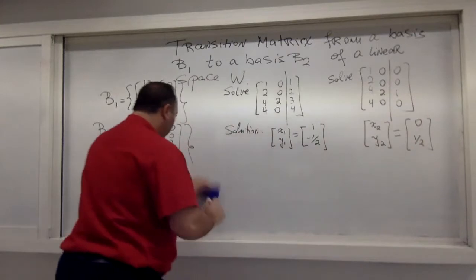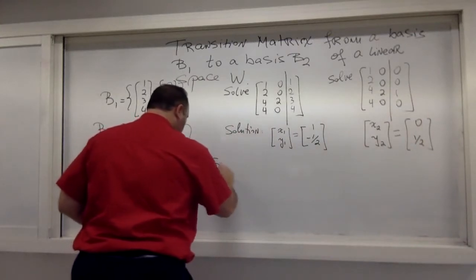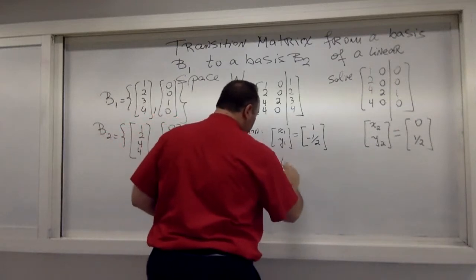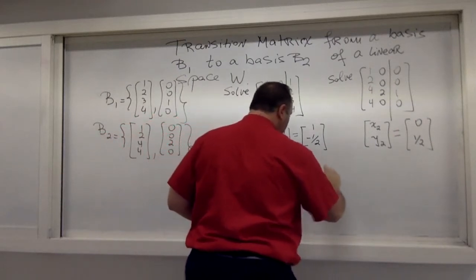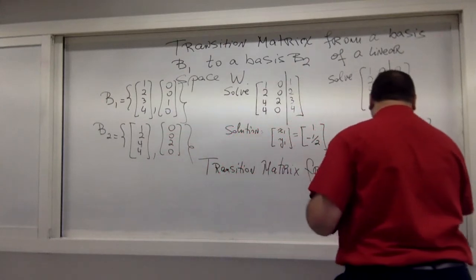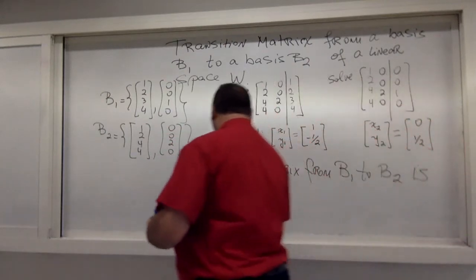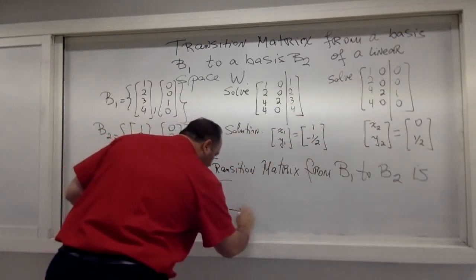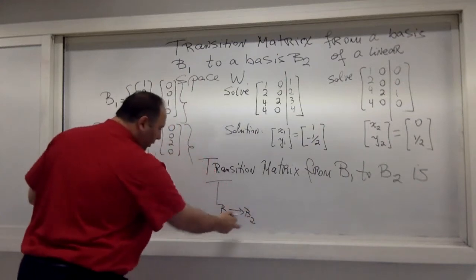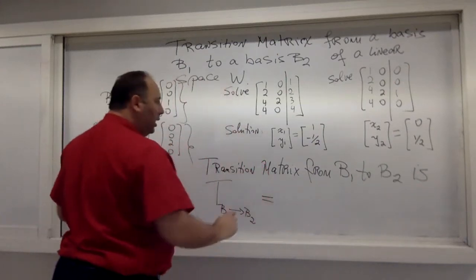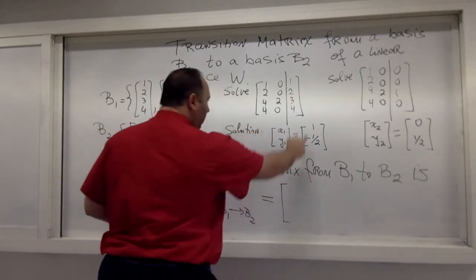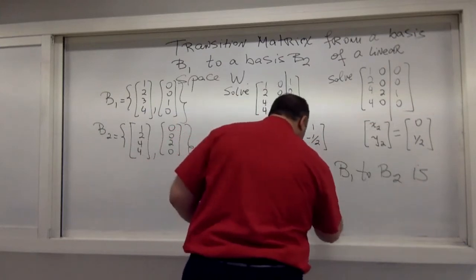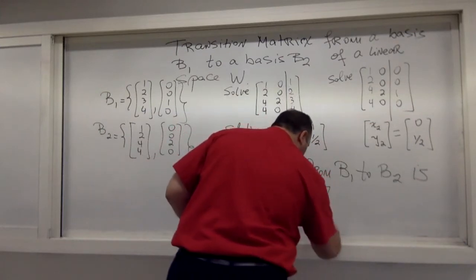And we write it clearly. So transition matrix T from B1 to B2. So it's clear from which coordinates to which we go, and first column is 1, negative 1 over 2, and the second column is 0, 1 over 2.